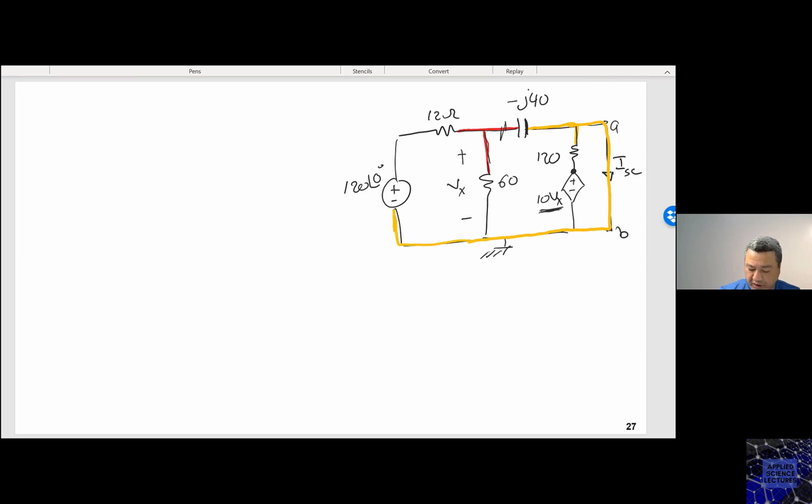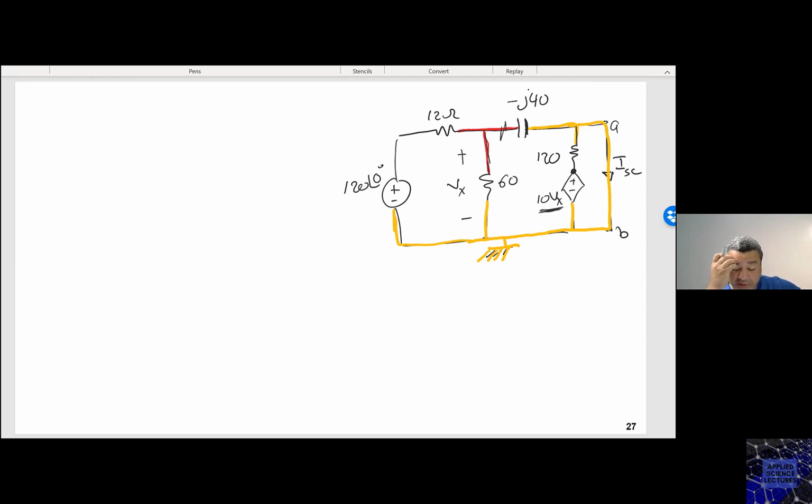Because they're connected, this whole thing now becomes ground, right? That's expected because of that short circuit. The potential difference between A and B now is 0, right?